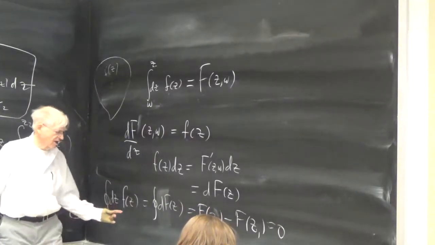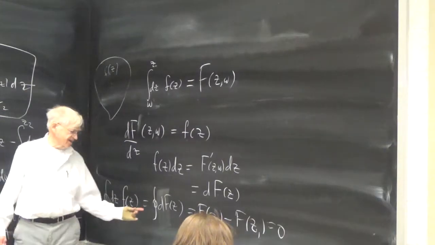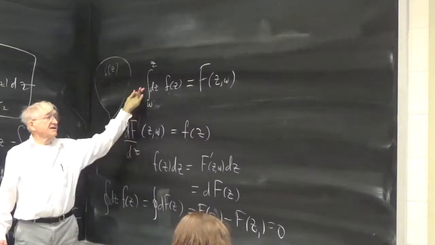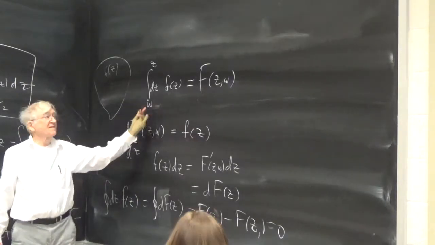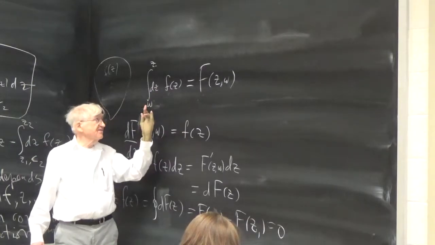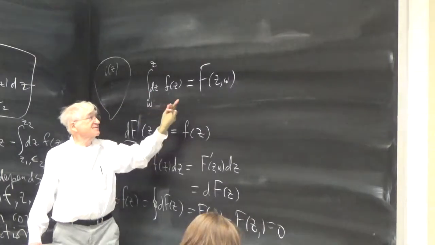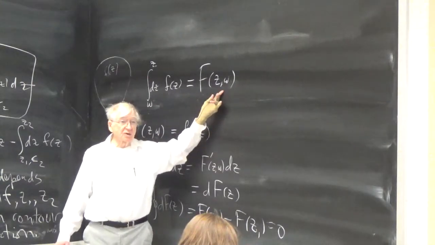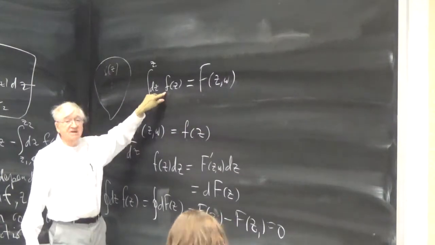It's 0 because f of z dz is dF, where big F is defined this way. And the fact that you can make this definition relies on the fact that, you see, I'm saying here that F depends on z and w, not upon the contour. It's not upon the contour because f is analytic.